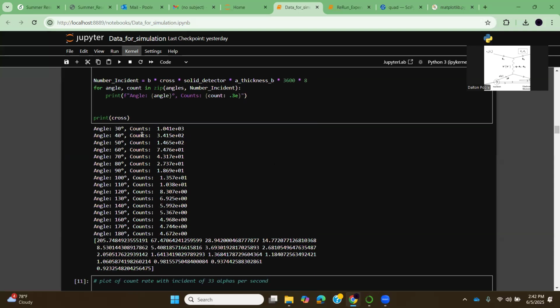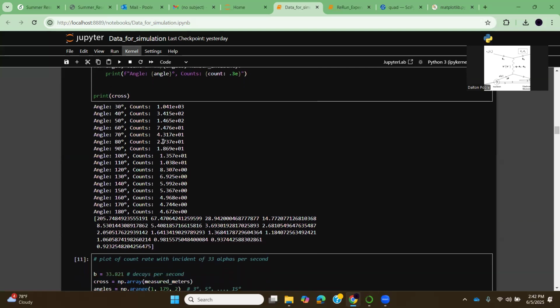Whereas at 30 degrees, we're getting over 1,000 counts for 3 hours, which is substantially more data, which decreases the error. So he was like, well, that's not good, because it's going to be really hard to look at only those larger scattering angles because the count rates are so low.